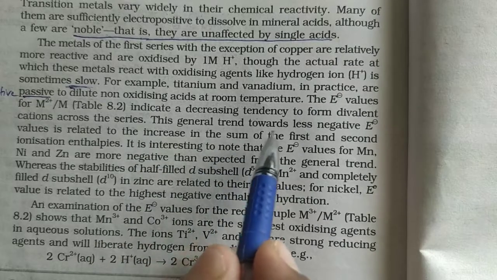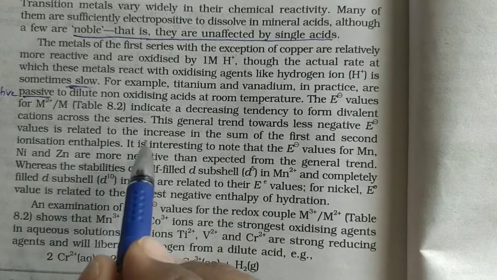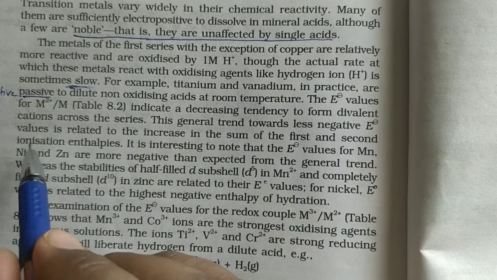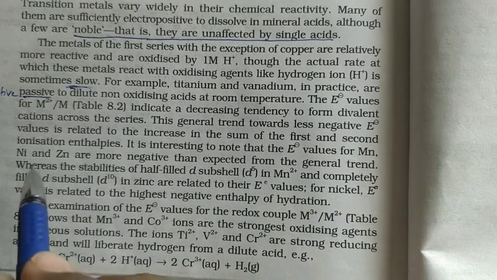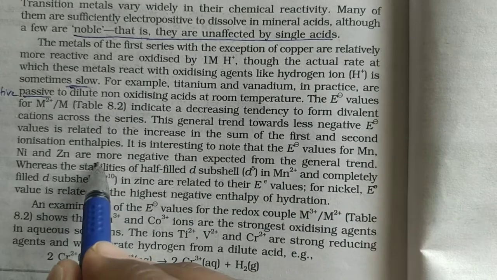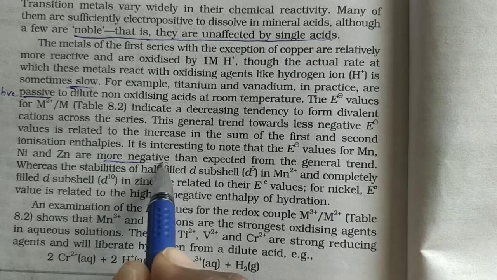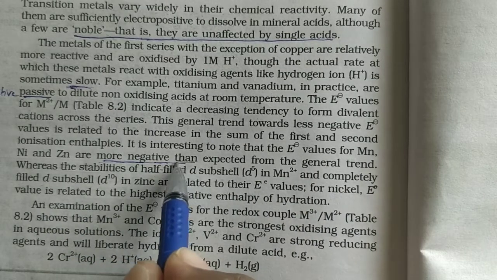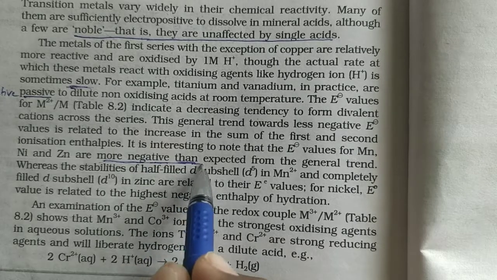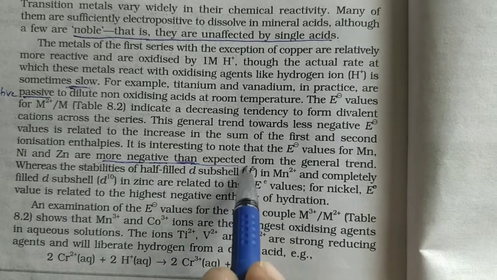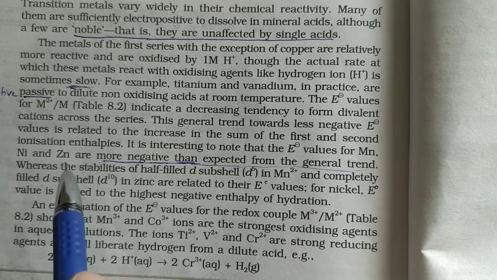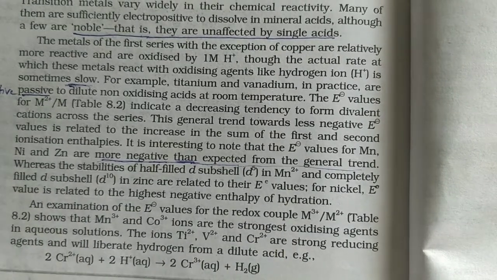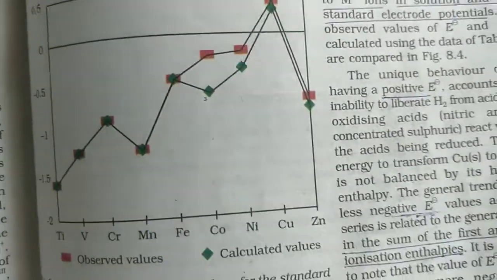This general trend towards less negative E0 values is related to the increase in the sum of the first and second ionization enthalpies. It is interesting to note that the E0 values for manganese, nickel and zinc are more negative. More negative means they prefer to undergo oxidation. More negative than expected from the general trend. That we have seen as expected value and calculated value in this diagram.